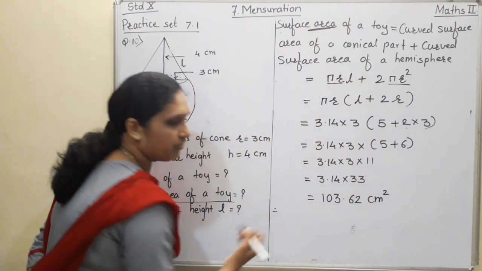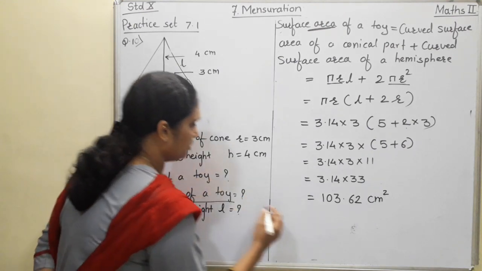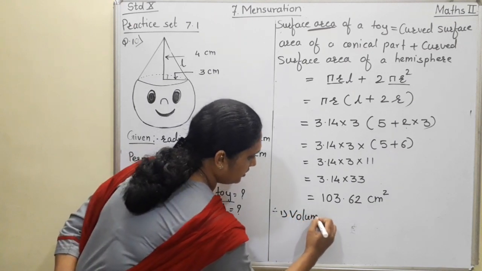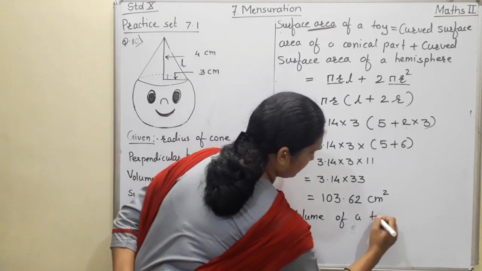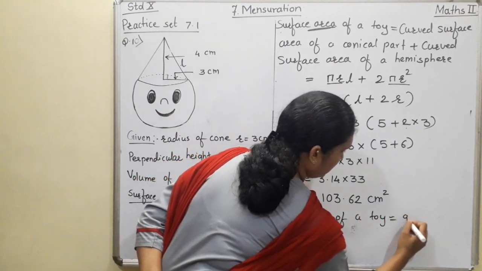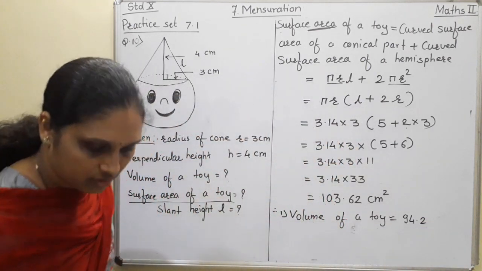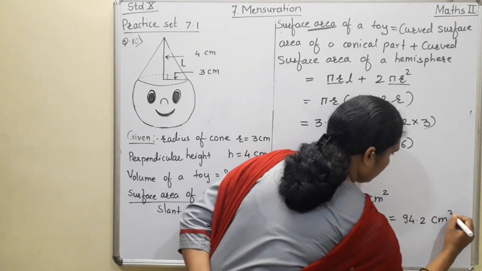So students, finally we will write both the answers together. Question-wise you'll write the answer always. Finally the answer: volume of a toy equal to, we got 94.2 centimeter cube.